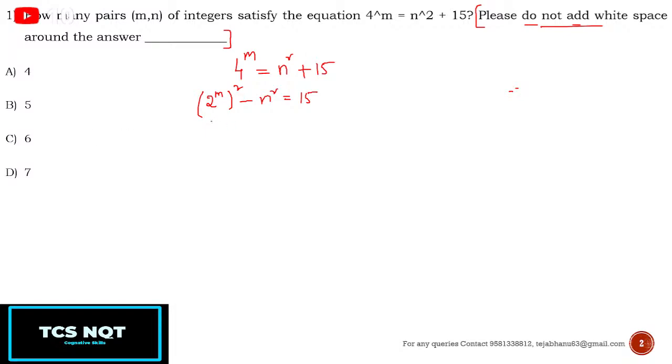This is in the form of a square minus b square, which can be written as a plus b into a minus b. That one we have to get 15.